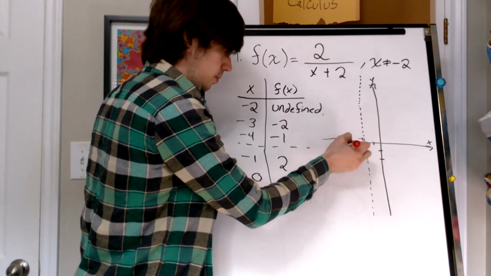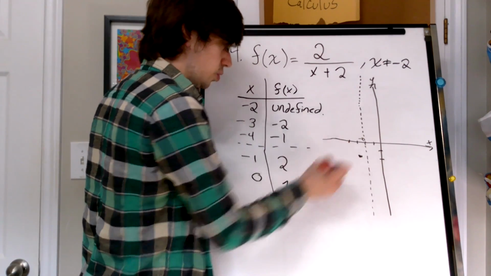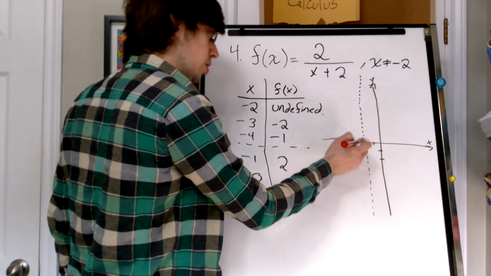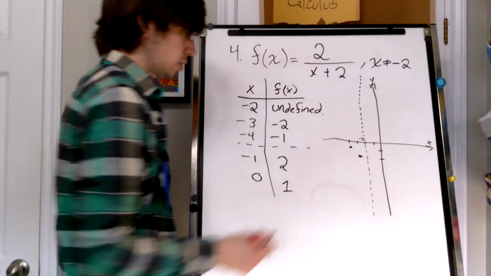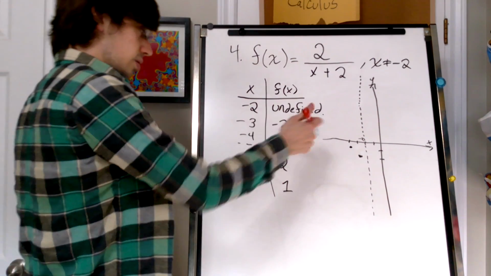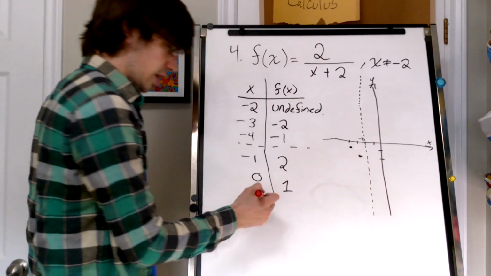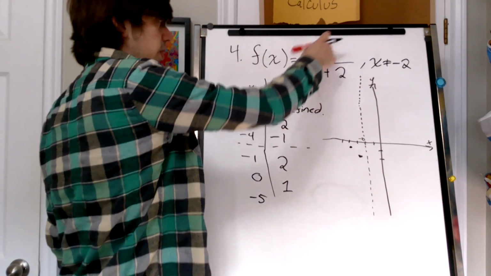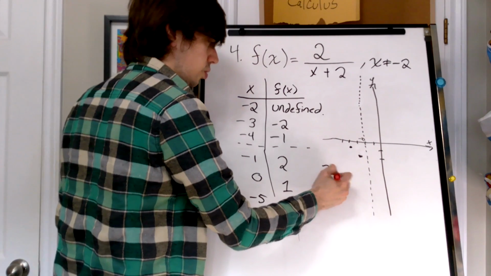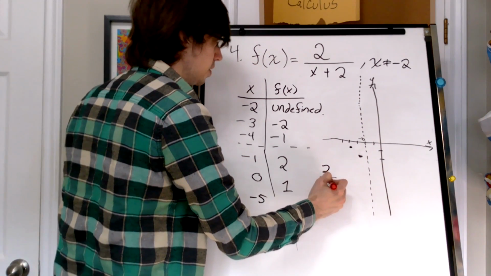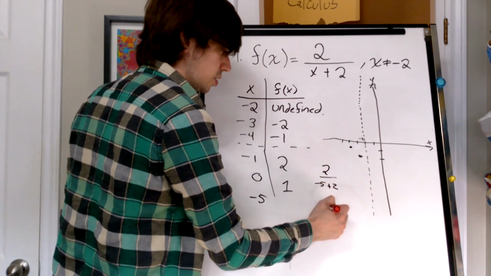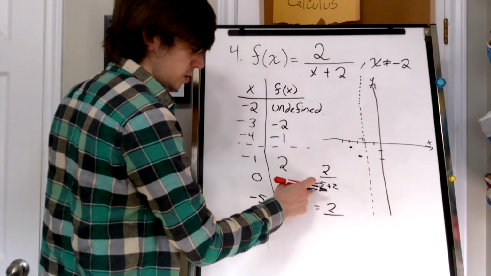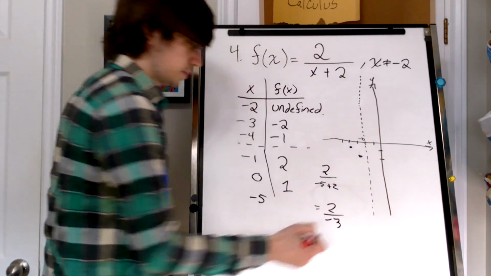At -4, we are at -1. At, let's just plug in -5 for now then, and see what happens when we go one more over. That would be 2 over -5 plus 2, which is 2 over -3.